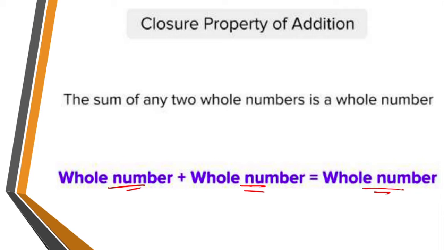Now, let's see an example. Now, if we take 23 and 32, we should add them, right? So, 23 plus 32 will be, so 3 plus 2 is 5, 2 plus 3 is 5.